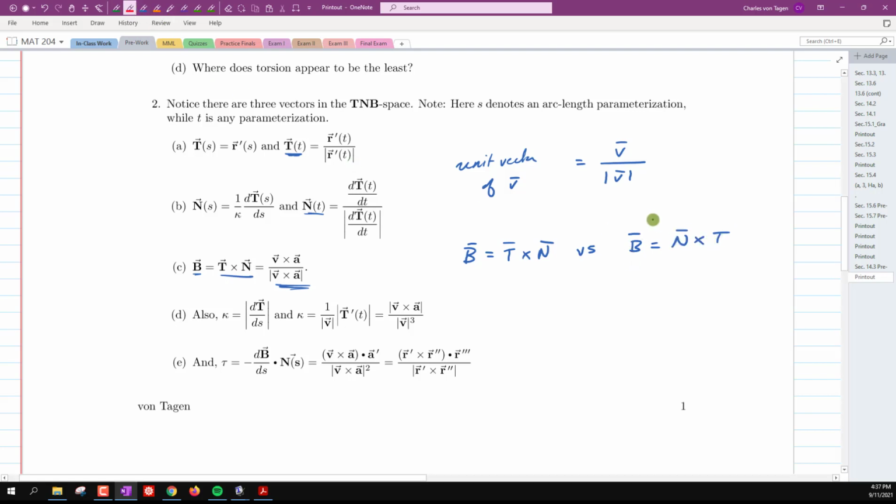So this one is incorrect, but how do I remember that? An easy mnemonic device is we keep calling this thing the TNB frame, and this reminds me that if I take T crossed with N, that will give me B, and that prevents me from computing it this way.